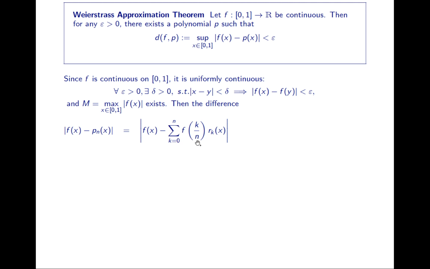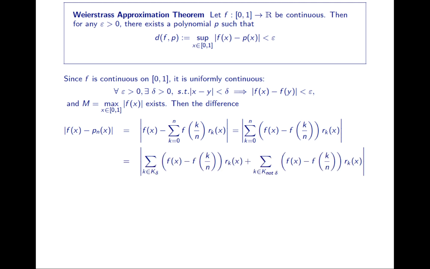Those are just n plus 1 evenly spaced points from 0 to 1, times these r_k polynomials. Now remember, if I sum up all the r_k polynomials, I get 1. So if I put f inside my summation, I get equality, because if I distribute, I get f times r_k. This is not indexed by k, so I can take it out and have the sum of r_k, which is 1.